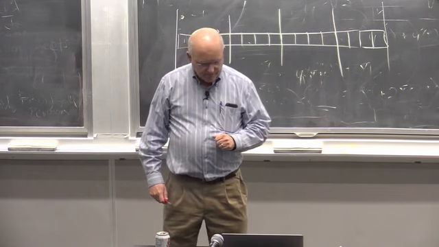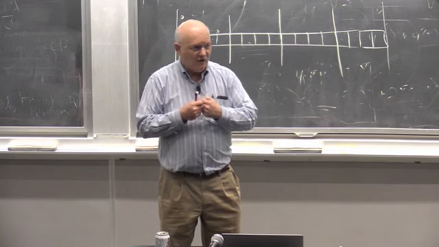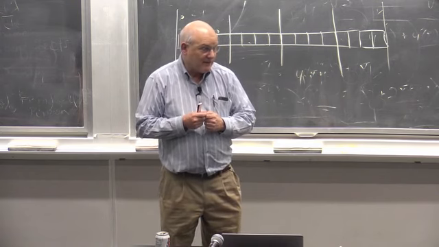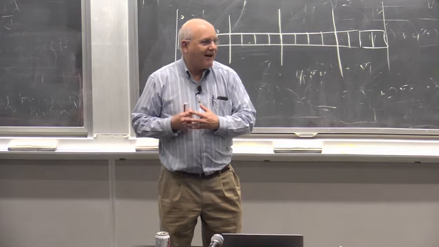Okay. Another one is whether the mutex is reentrant or non-reentrant. A reentrant mutex allows a thread that is already holding a lock to acquire it again. A non-reentrant one deadlocks if the thread attempts to reacquire a mutex it already holds. So I grab a lock, and now I go to a piece of code and it says grab that lock. If I want it to be reentrant, I can check, do I have that lock already?